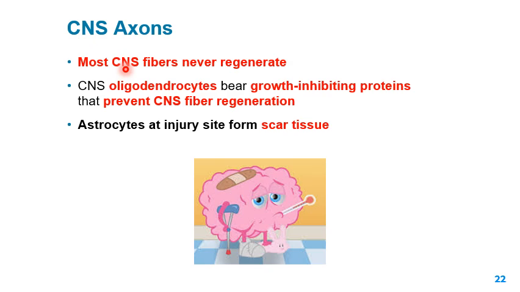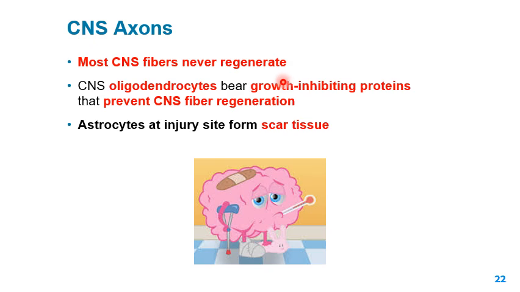Why is that the case? Look at this. The fibers at the CNS are not going to regenerate. Remember that you also have myelination at the CNS, but you do not have the Schwann cells. You have those other cells with many arms. Those are your oligodendrocytes. The oligodendrocytes do not have those growth proteins that are produced by the Schwann cells.